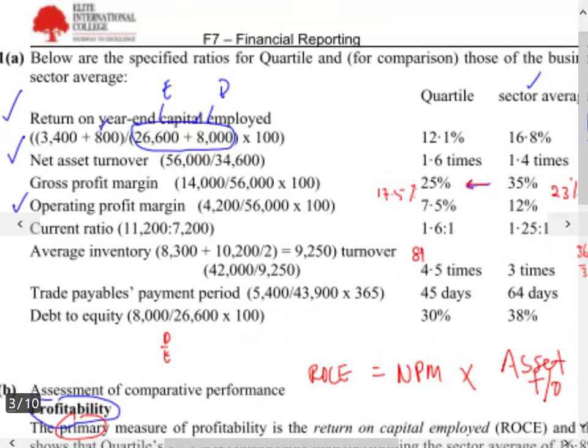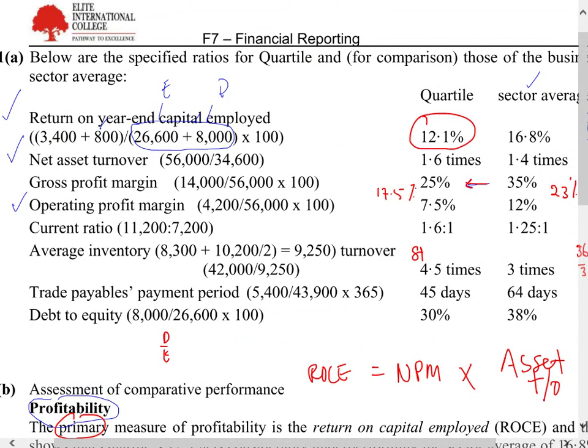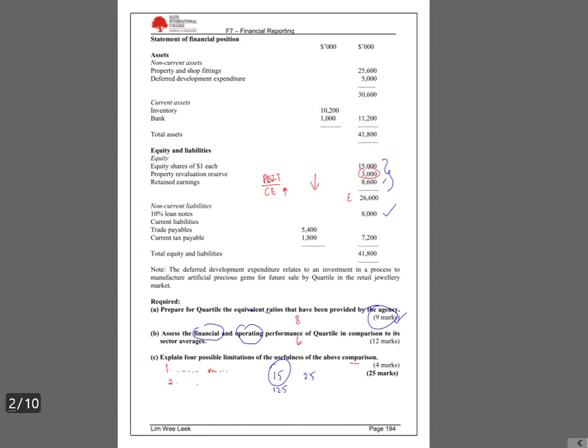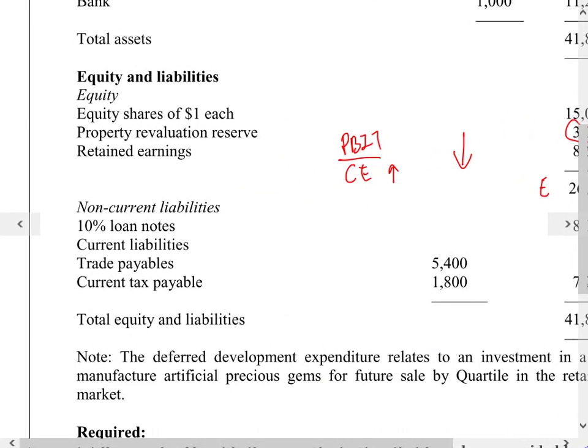My ROCE is 12%. It means my capital employed is equity and debt. Equity, my shareholder wants some return. Debt, the bank also wants some return. I use their money to generate 12%. You look at my loan note, 10%.